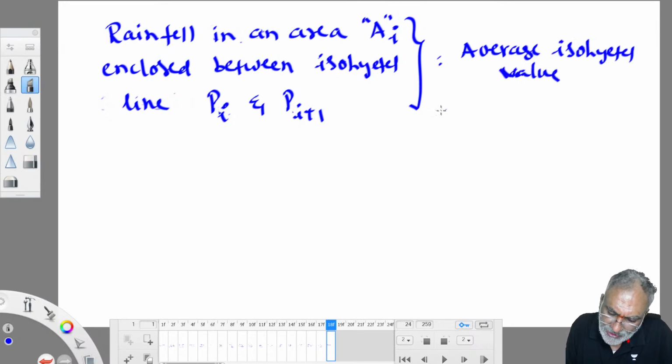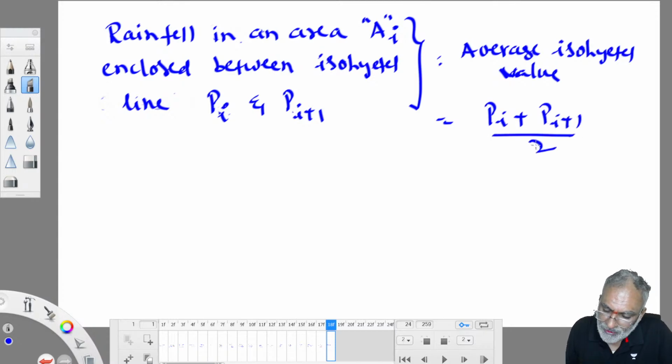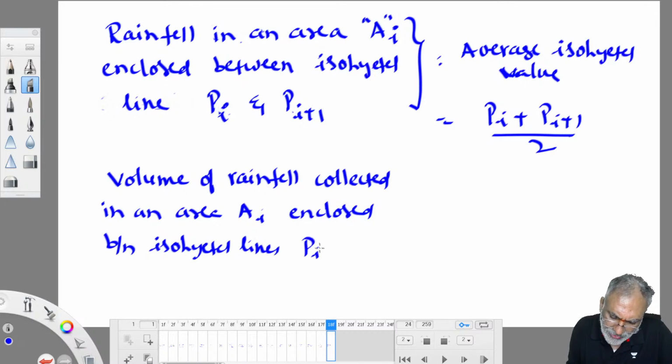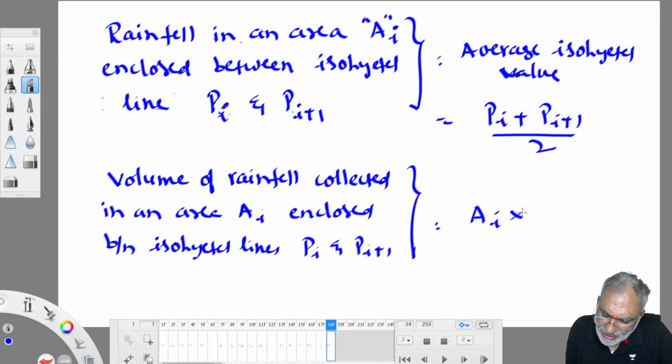What is that average isohyetal value? It is (Pi plus Pi plus 1) by 2. That is the depth of rainfall. So the volume of rainfall is Ai into (Pi plus Pi plus 1) by 2.